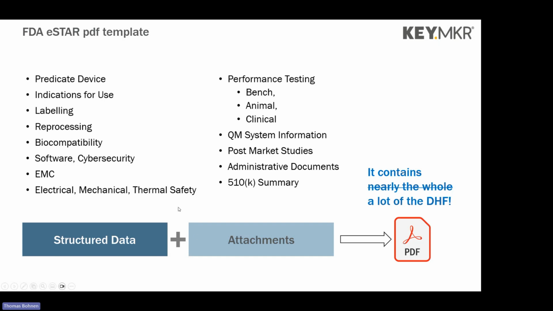You also have to upload attachments into this PDF. For example, the EMC test, something that you normally get back from the EMC lab, a several pages test report, and you have to upload the complete report into this PDF.